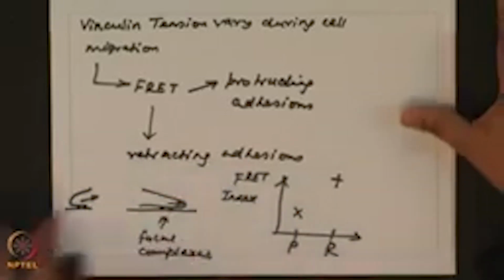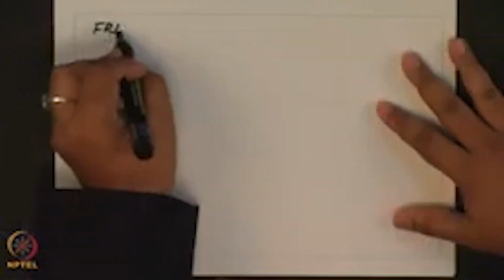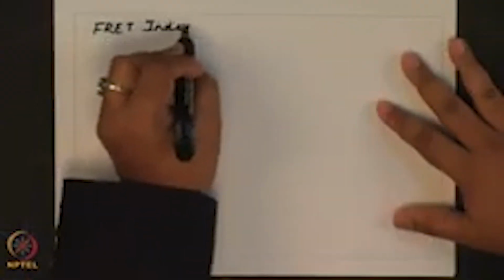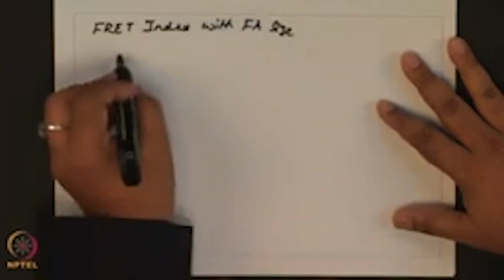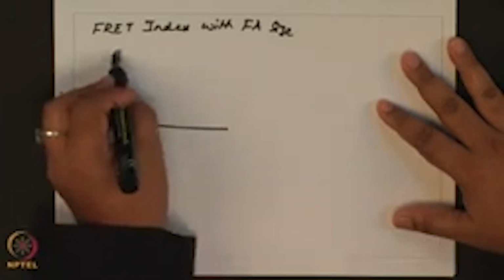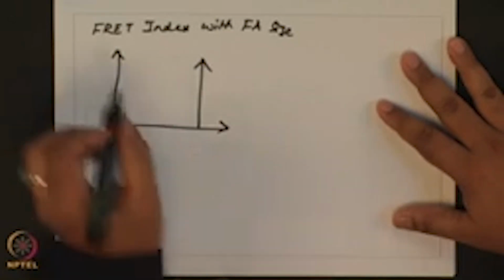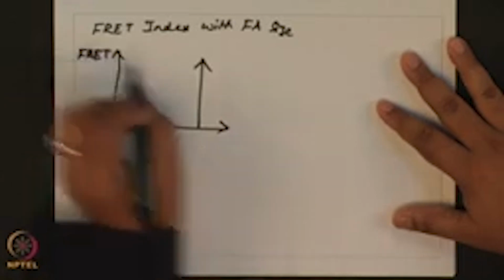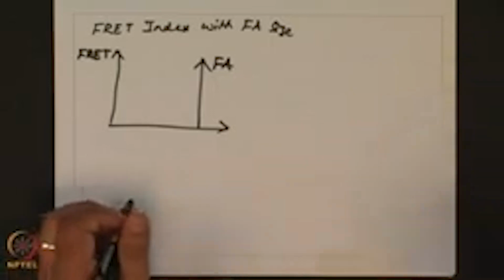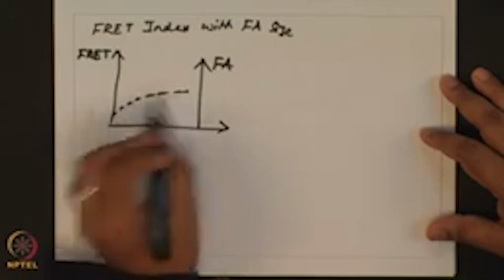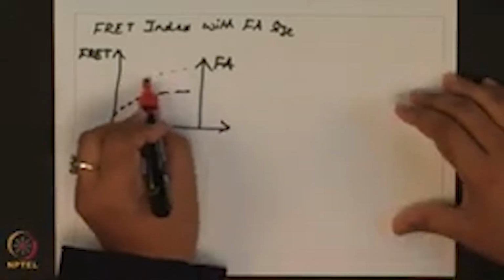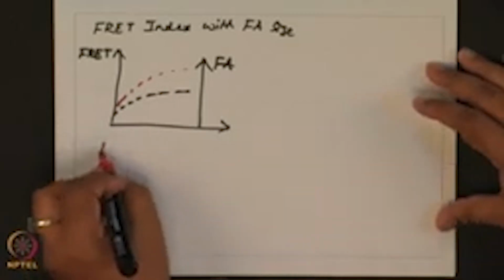To look at this in greater detail, they correlated FRET index with focal adhesion size, with two axes: FRET efficiency and focal adhesion size. They found that as a function of time, if the FRET index increased, the focal adhesion size also grew. This was at the protruding edge.